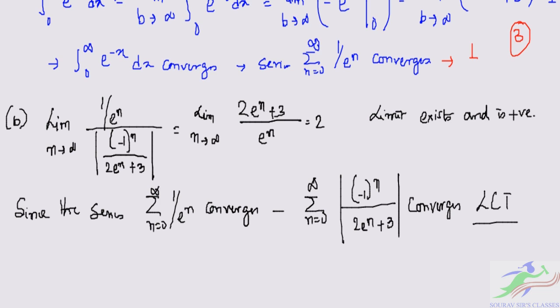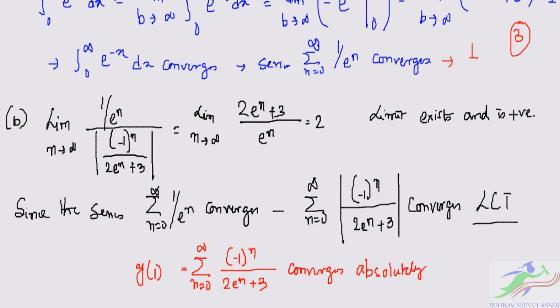So we can infer from here that the series g of 1, equal to summation of n equal to 0 to infinity of minus 1 to the power n by 2 e to the power n plus 3, also converges absolutely.